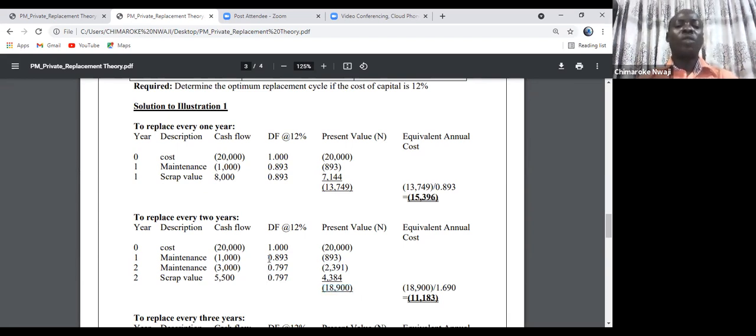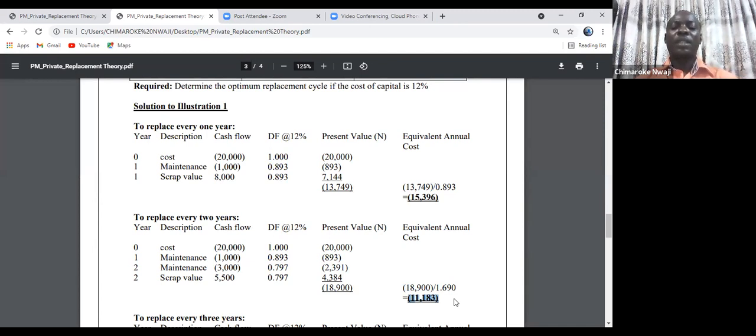So we have year 1, year 2. You add 0.893 plus 0.797. If you add those two, you are getting 1.690. So that is what you use to divide 18,900. You are having 11,183. What does this mean?